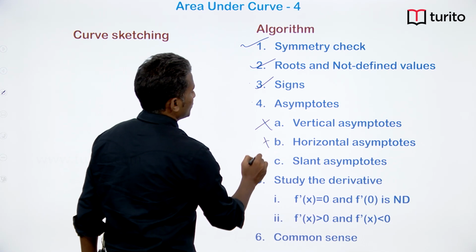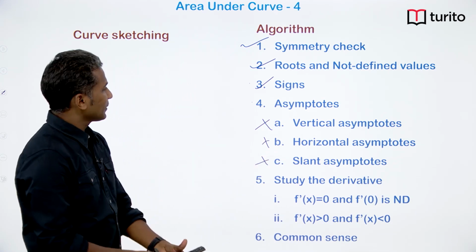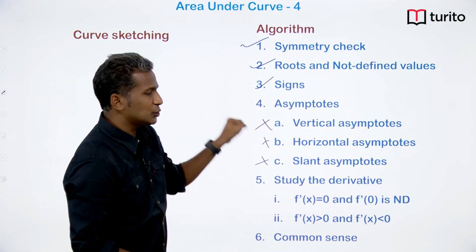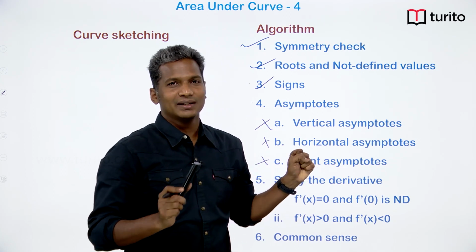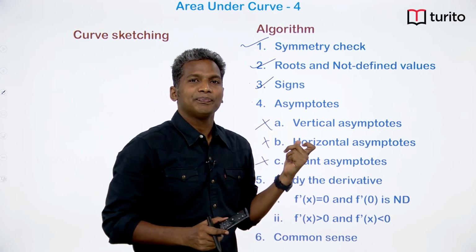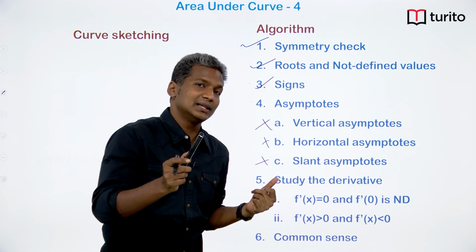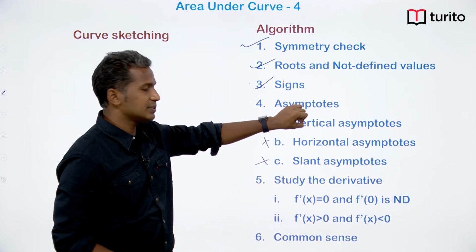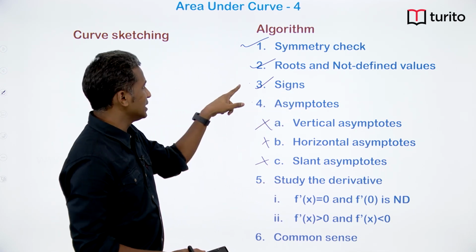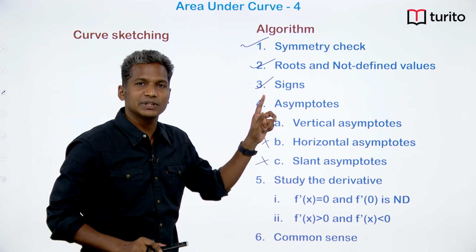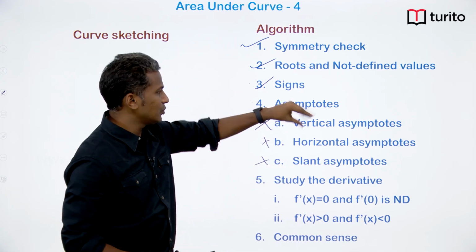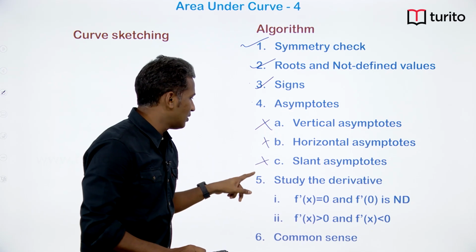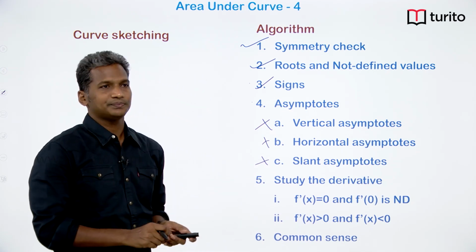So these two also don't exist. Now this fourth point has actually deserted us, because in the earlier questions, in most of the cases we handled the entire function based on the asymptotes and signs only. So here signs have deserted us because they gave only one sign. Asymptotes also deserted us. Now let us go for the study of the derivative.